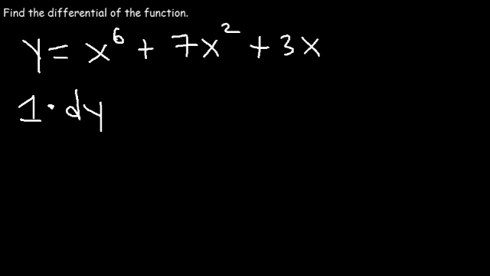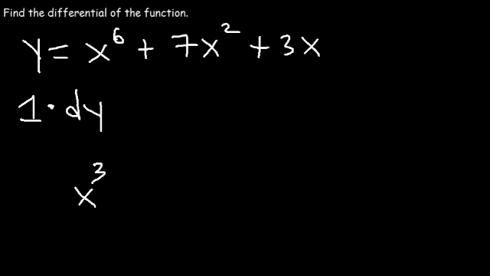Now you can say it's 1 times dy/dx and then multiply both sides by dx if you want. But the way I'm going to do this is I'm going to differentiate every variable and add the differential of that variable next to it. So every time I differentiate a y variable, I'm going to add dy to it.